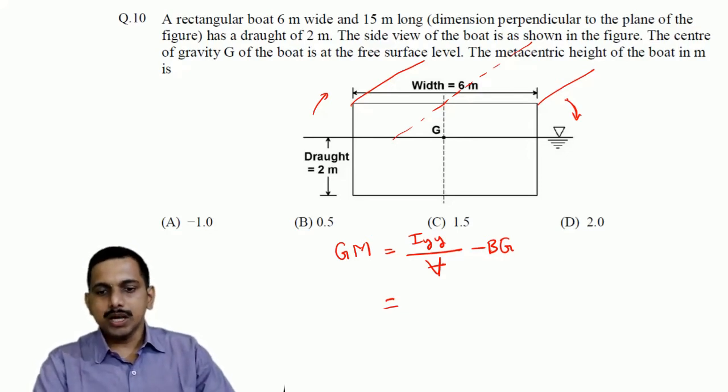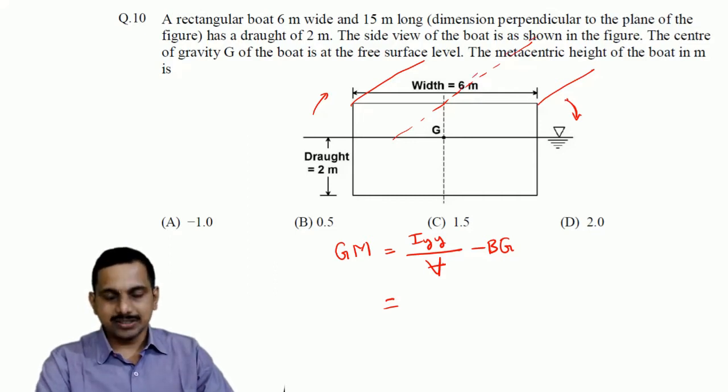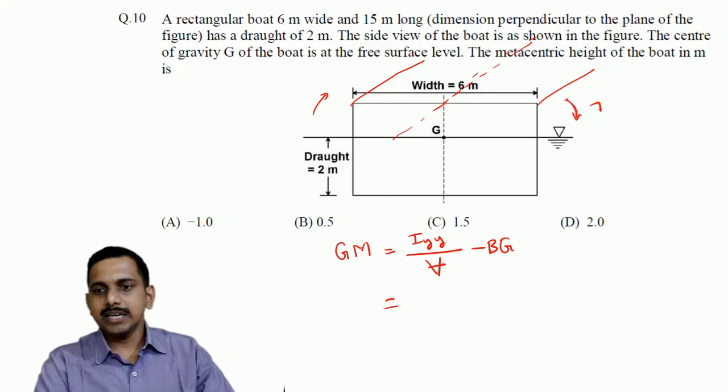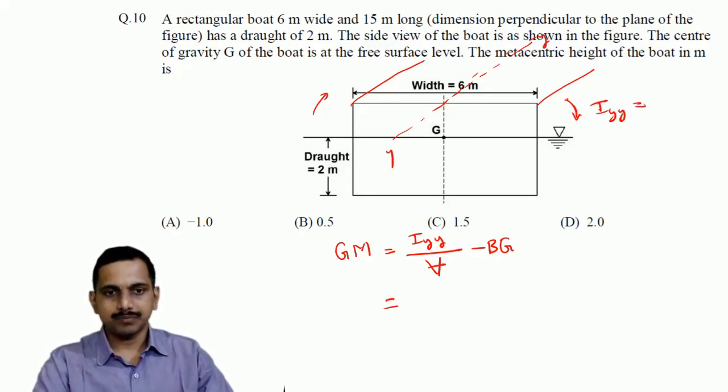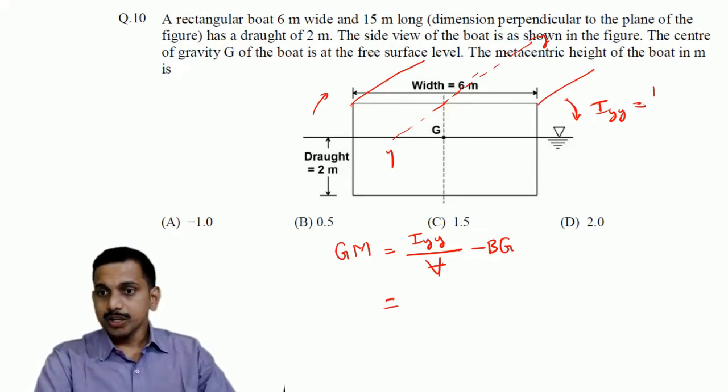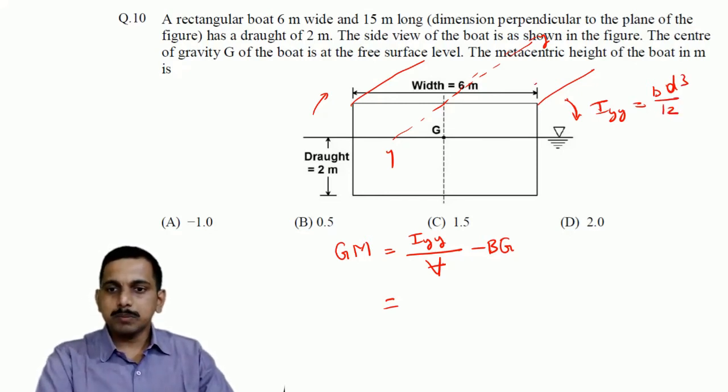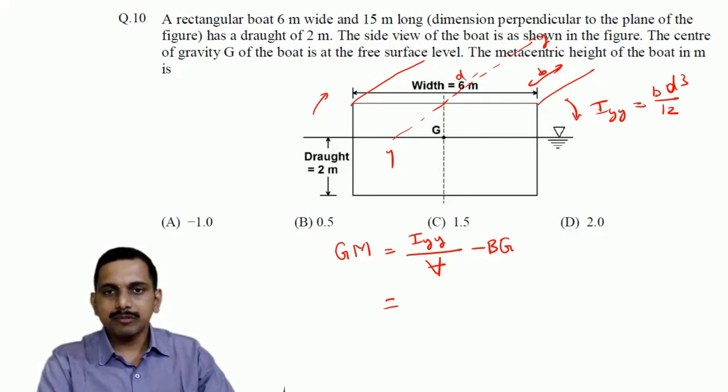So to do this we have to take the moment about this axis, the y and y axis. Iyy here is BD cube by 12. What is D here, what is B here? This would be B, this would be D. How do you determine that?